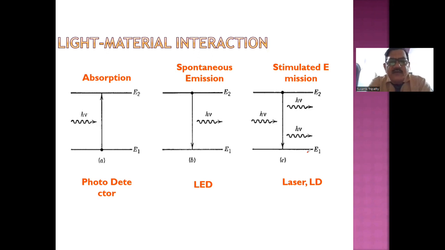For example, if you take a metal surface and if you make light incident onto this metal surface, then the electrons can be ejected from this metal surface.